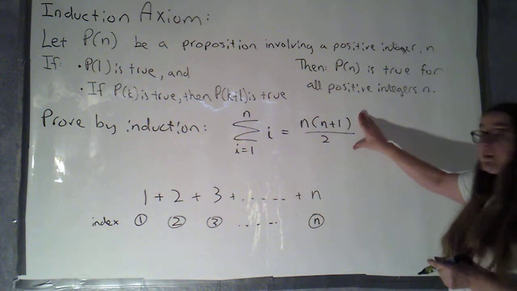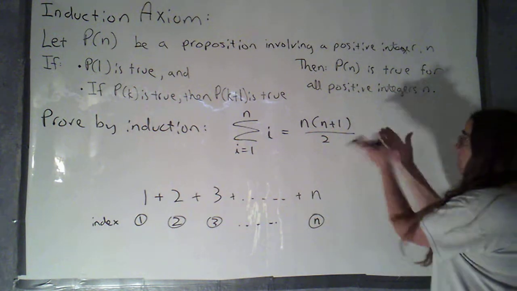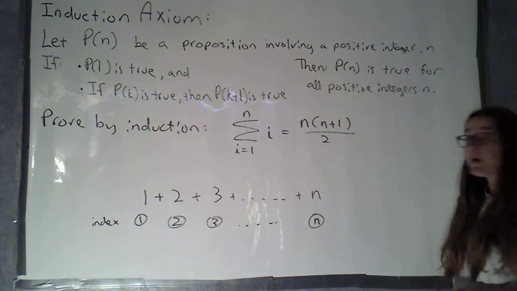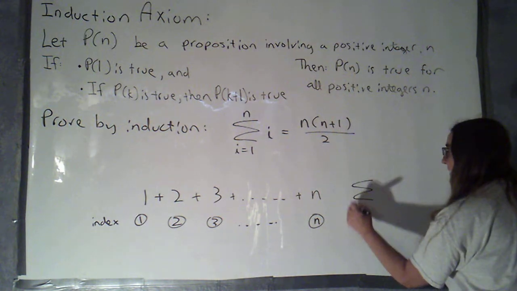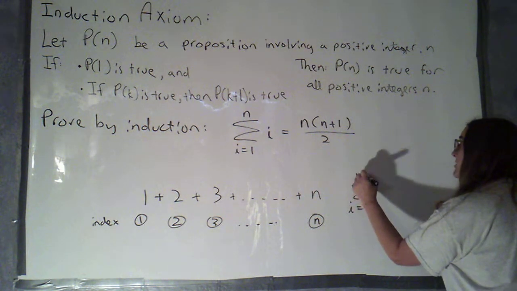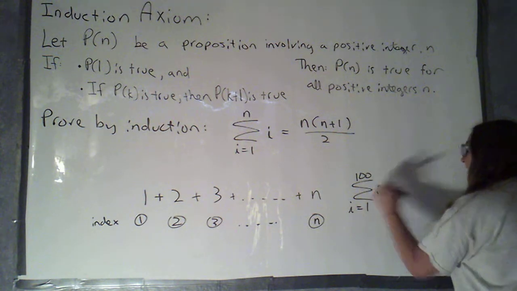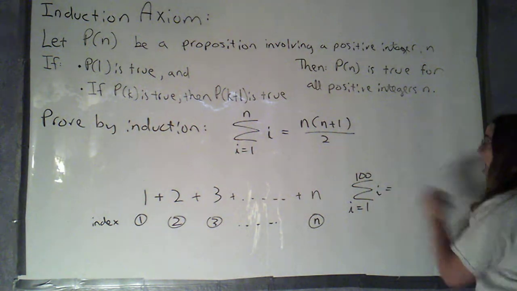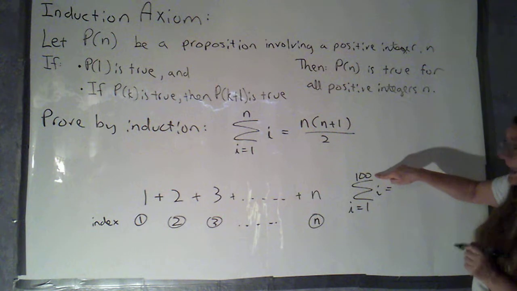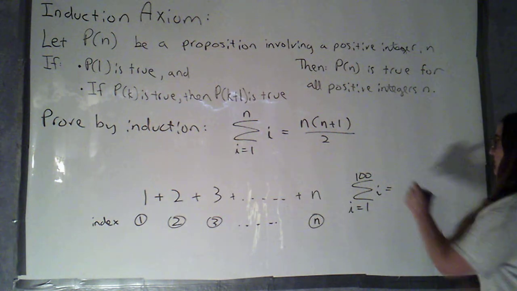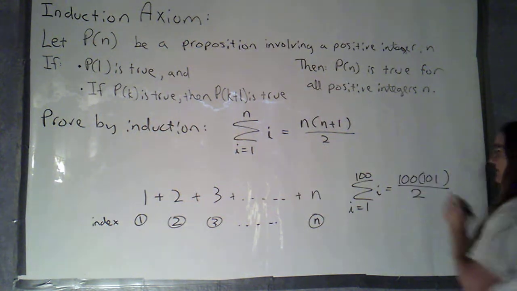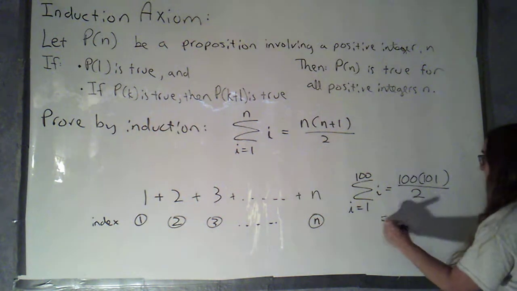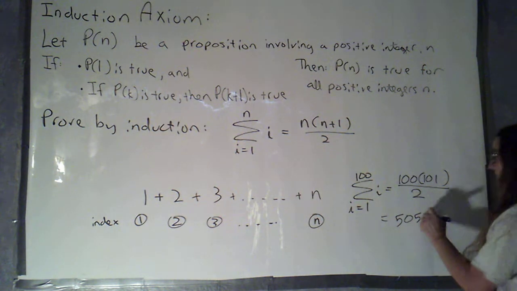And what this formula is doing is giving me a shortcut for adding up a bunch of positive integers. So, for example, if I had the sum as my index goes from 1 to 100 of i, in this case my n is 100, so I can simply plug in 100 to this formula. So it would be 100 times 101 over 2, which is just 5,050.